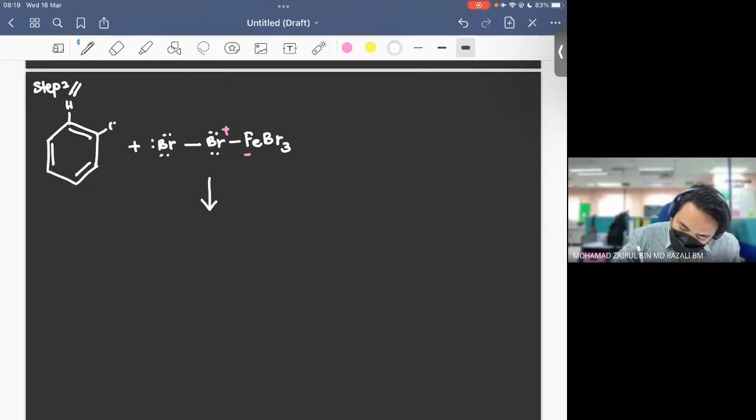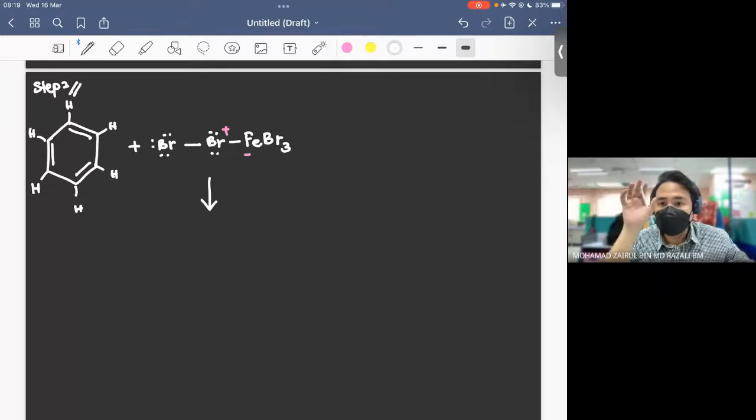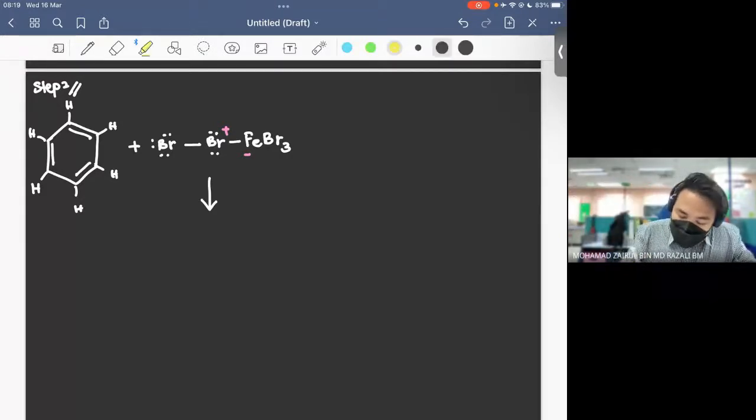So awak tak perlu pun draw semua hydrogen ni. Yang ni saya nak tunjuk sebab nanti kejap lagi kita nak buat resonance. Okay, so sekarang ni kita nak add one of the bromine to the aromatic ring. So we know that the double bond inside the aromatic ring tu is a nucleophilic site. Since dia ada banyak elektron, awak tengok ini adalah double bond. Dalam double bond ada 4 elektron. Okay, ingat.